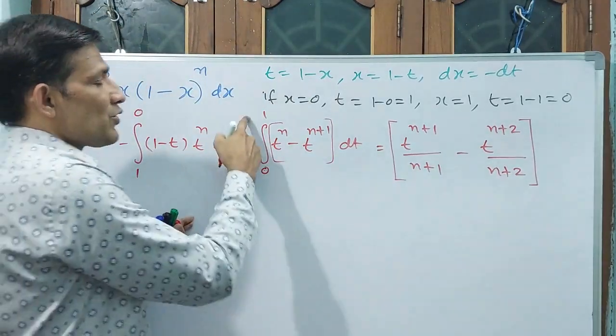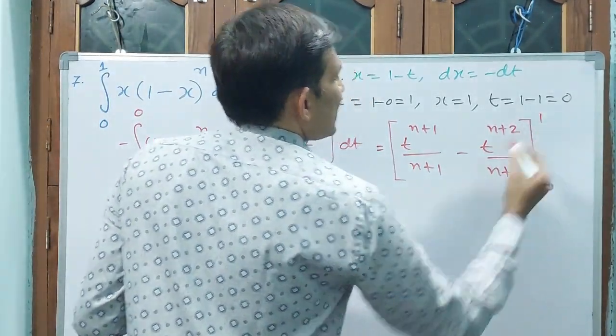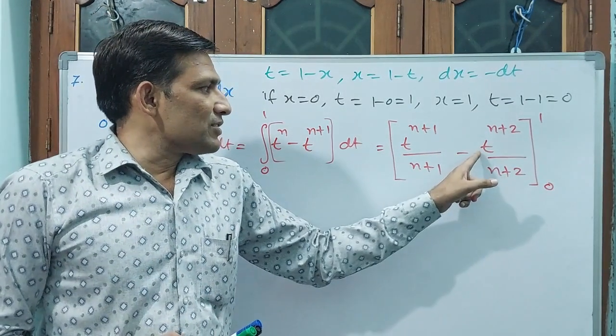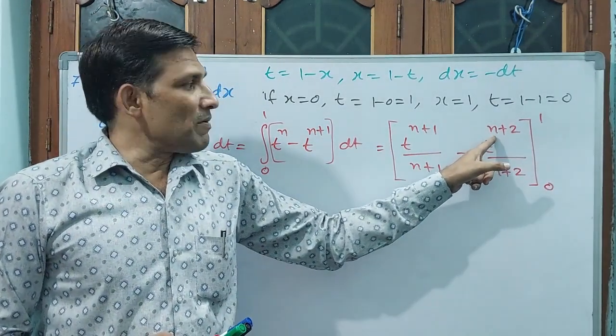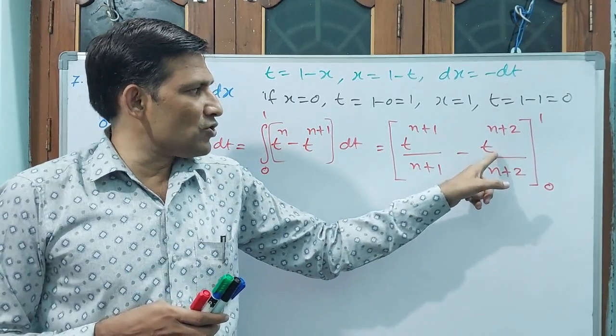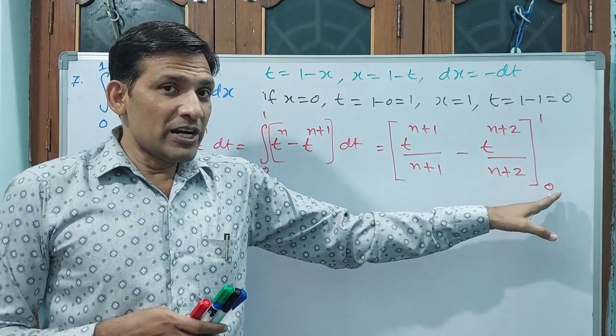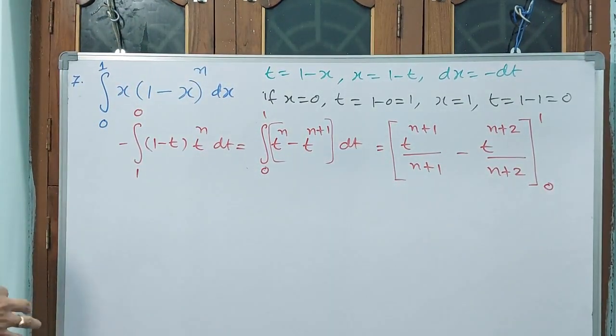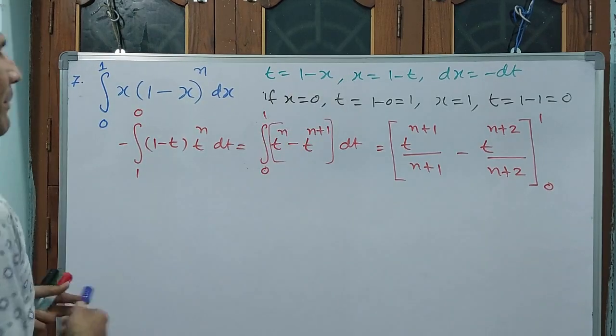But what about limit 0 to 1? If you observe carefully, lower limit you need not apply. Why? Because 0 power something divided by something is 0. Lower limit you need not apply, simply you write minus 0. Okay, now proceed further. Then apply upper limit.